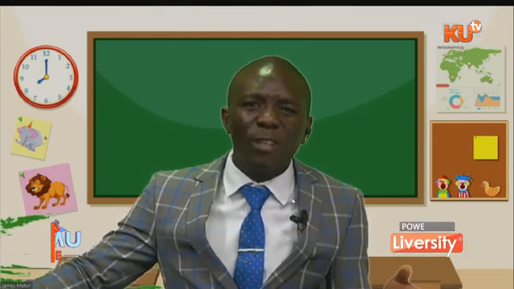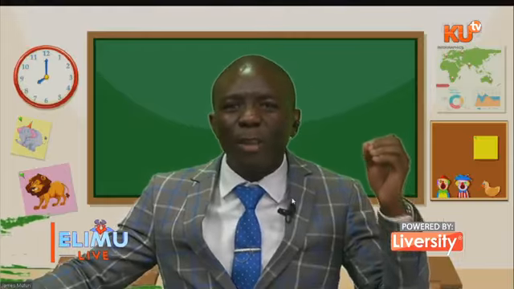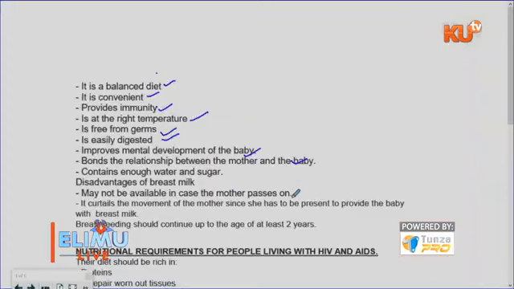During parturition or the birth process, when the baby was coming out, maybe the mother pushed until she passed away. So you'll find this infant will not breastfeed the milk of the mother. So the main disadvantage here is that when the mother passes, this milk cannot be available. You will look for another alternative.